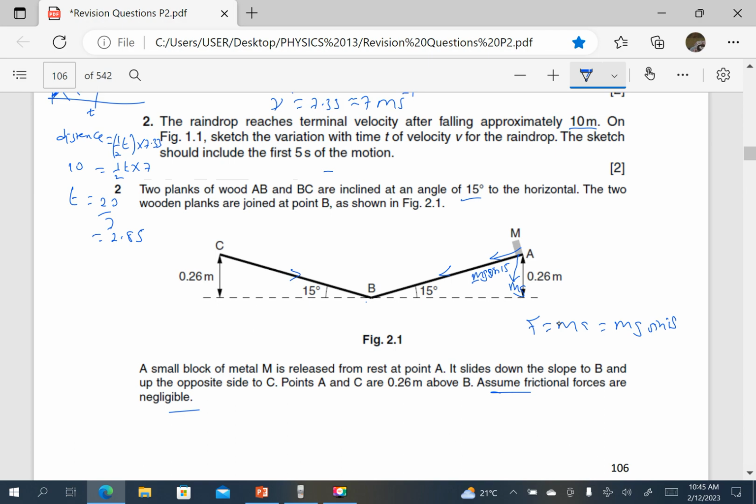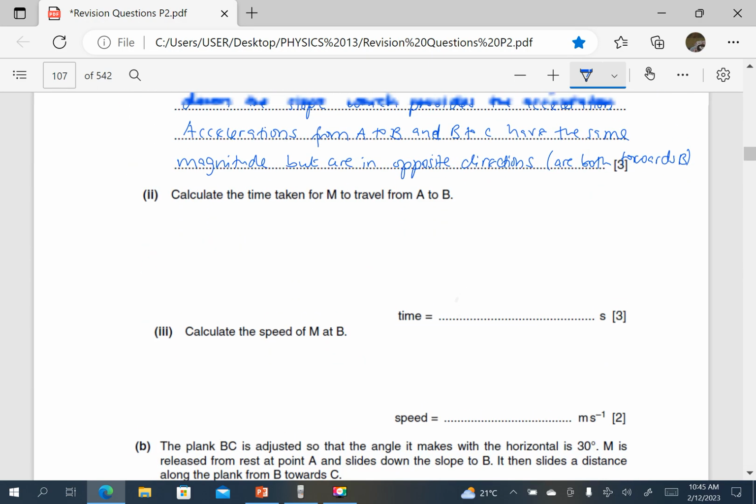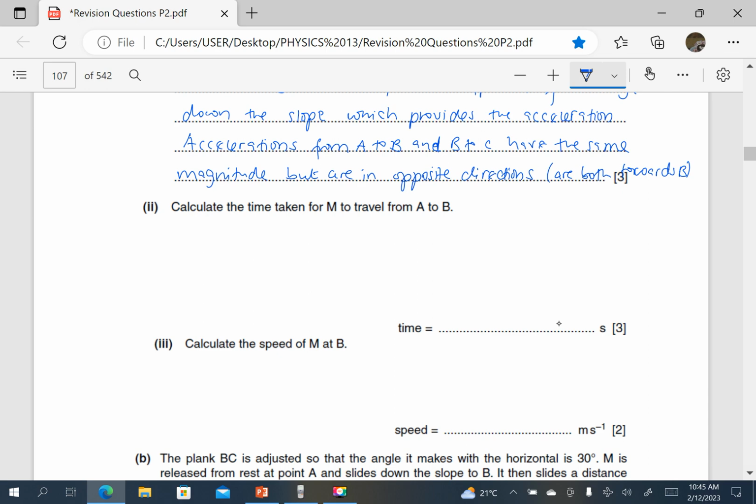So ma is equal to mg sine 15 down the plane, so the acceleration is simply going to be equal to g sine 15, that is 9.81 sine 15.